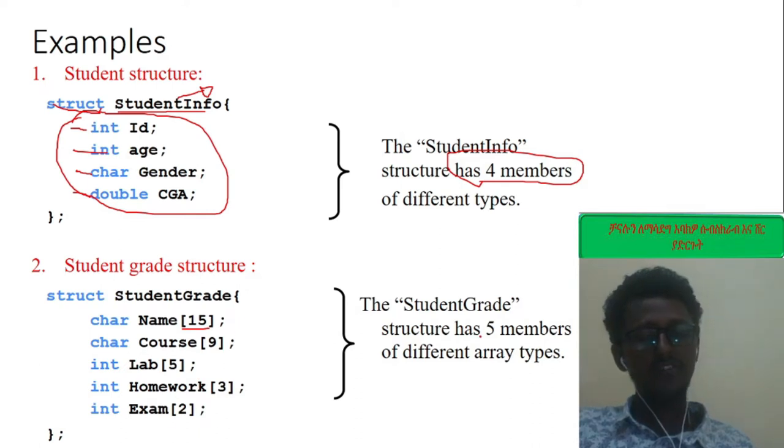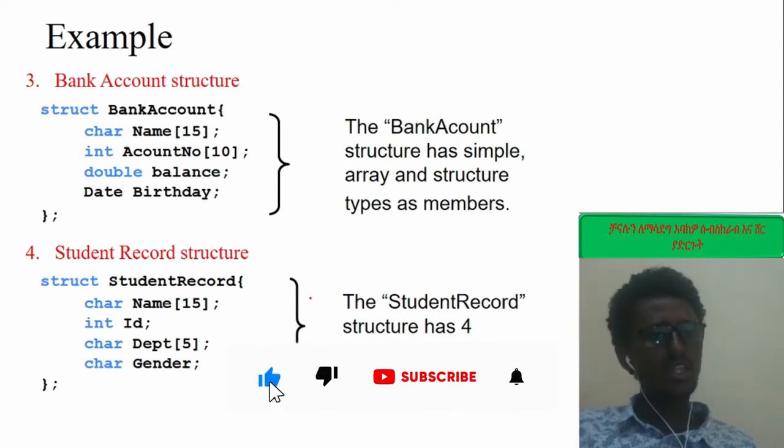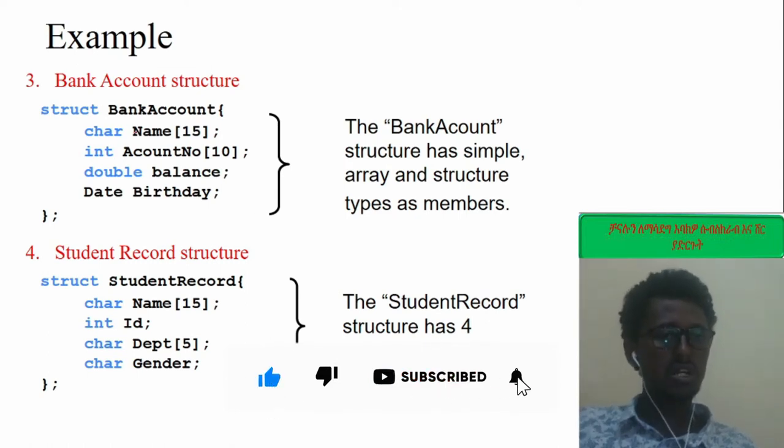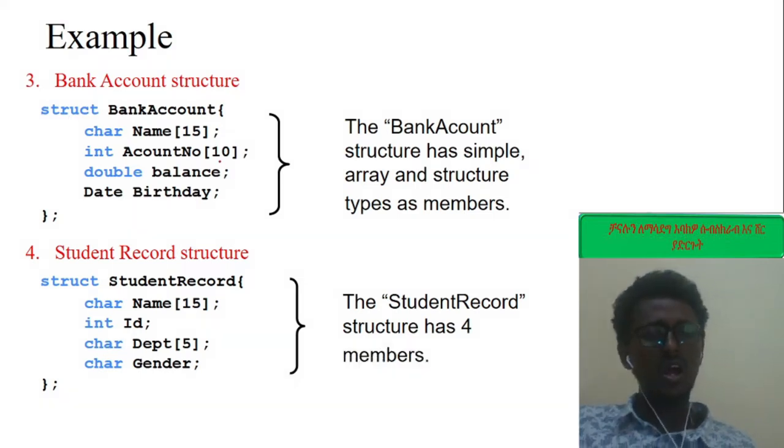These are five members of this struct with different data types. Good. For bank account: name, account number, balance, date, with different data types, the member variables of the structure are declared here, and for the record structure the same.